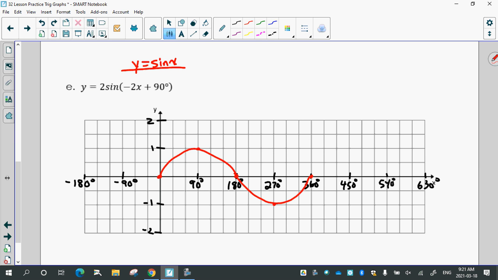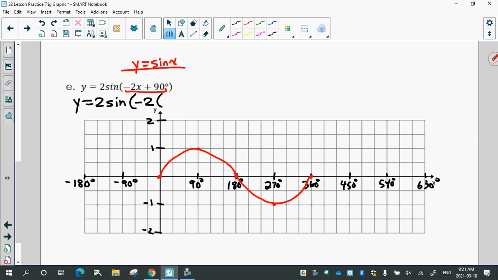Otherwise we're going to think that the phase shift is left 90 degrees, but it's actually different. So if you factor the b value of negative 2 out, what would you get inside the brackets?